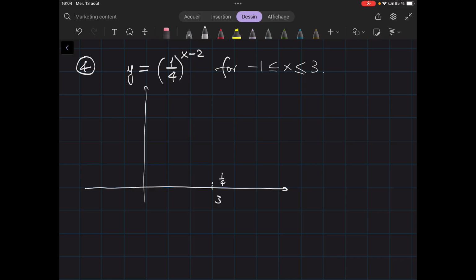This is not to scale. If x is equal to 0, then you would get 16. And 64 is over here. So the curve would look somewhat like this.